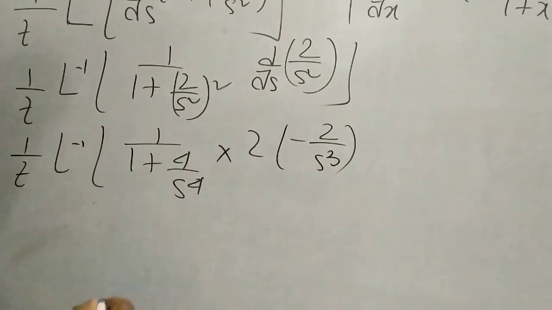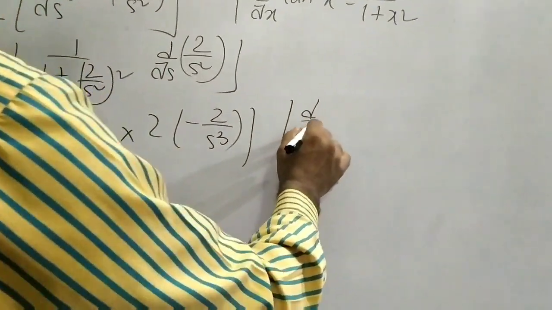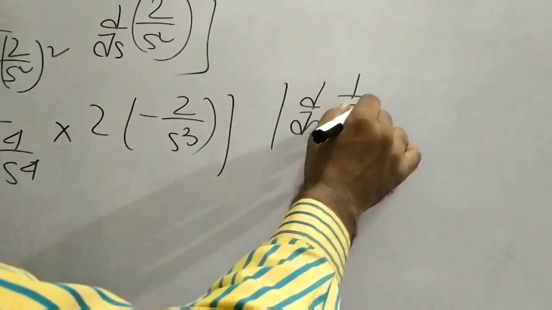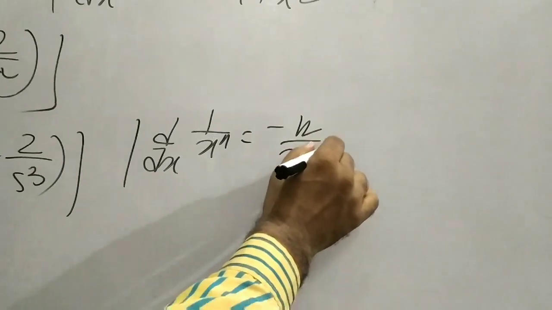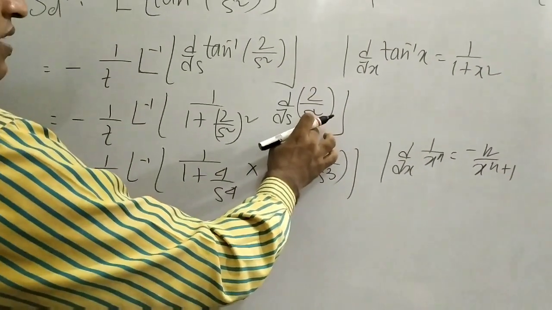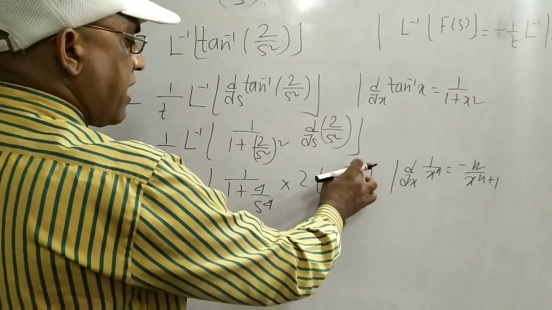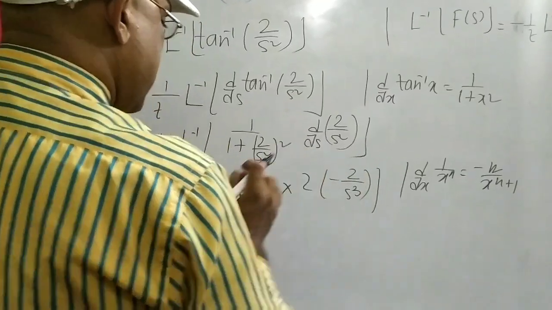If we solve directly, we get this, because you know this formula: d/dx of 1 by x to the power n is minus n by x to the power n plus 1. By using this formula, for 1 by s square, n is 2, so minus 2 by s to the power 2 plus 1, that is 3.